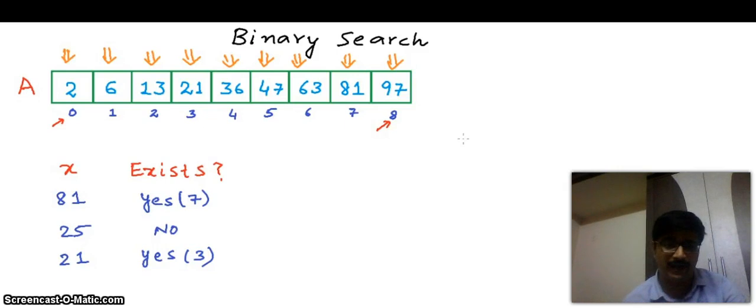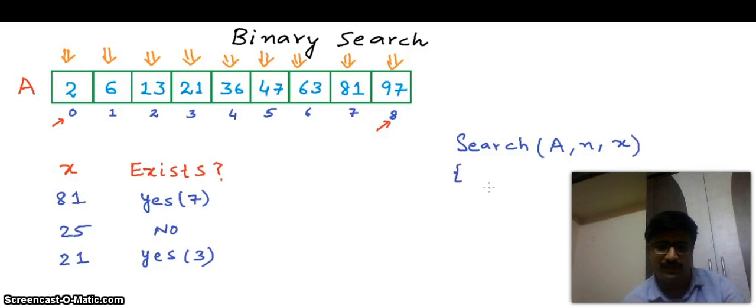And if I have to write the code for this, it will be pretty straightforward. Let's say I want to write a method that takes an array A, its size n, and the element x. This is the linear search that we are going to do. The code would be, we will run a loop starting from 0 till n minus 1.